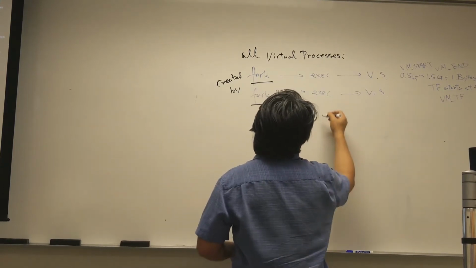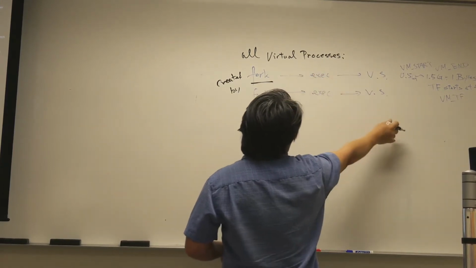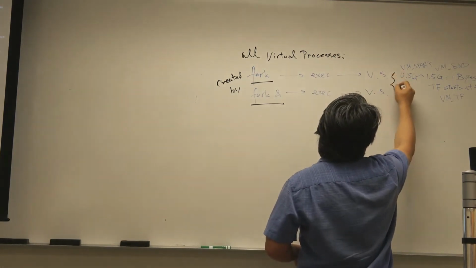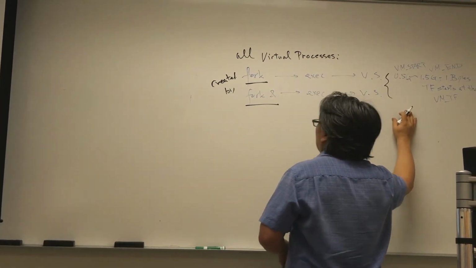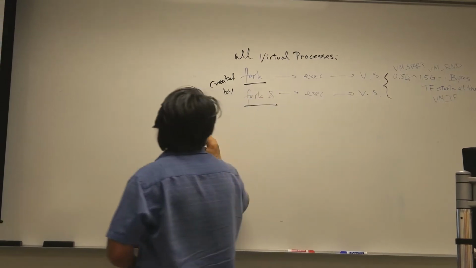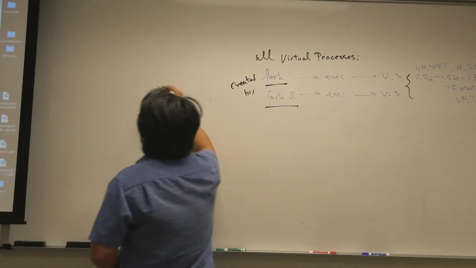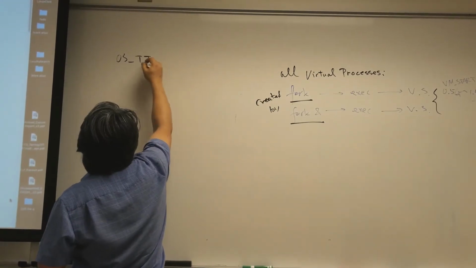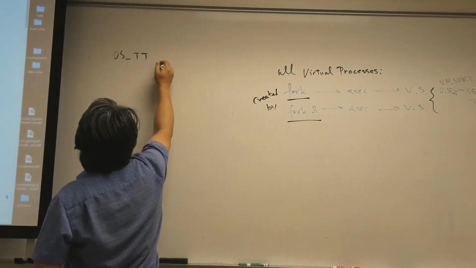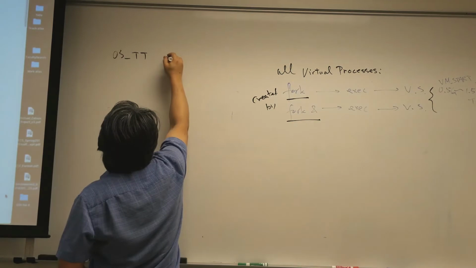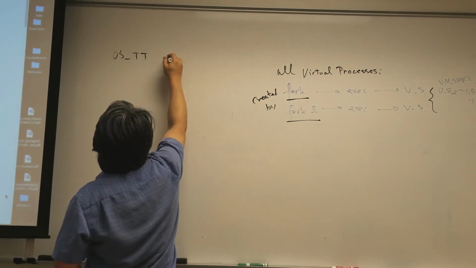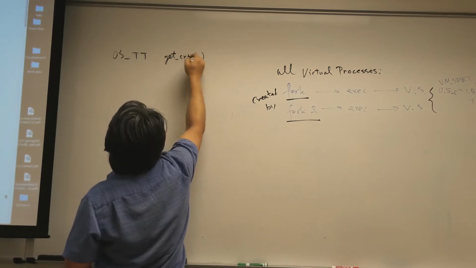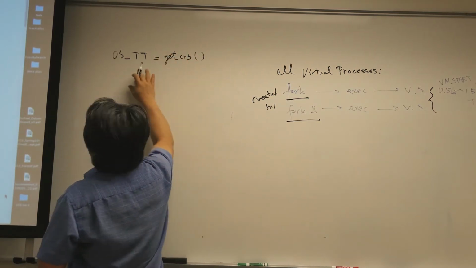From the user proc, we are going to the virtual space. The virtual space is identical. And for the OSTT, the OS translation table, we're going to call a helper function, get CR3, in order to obtain this.